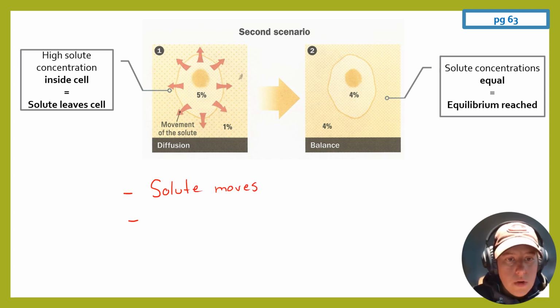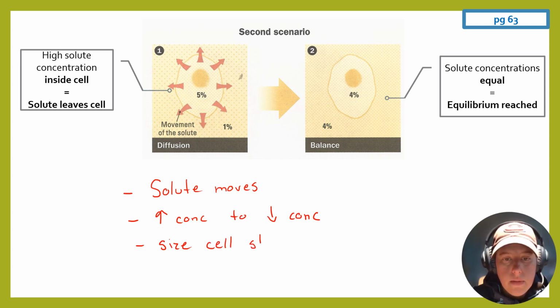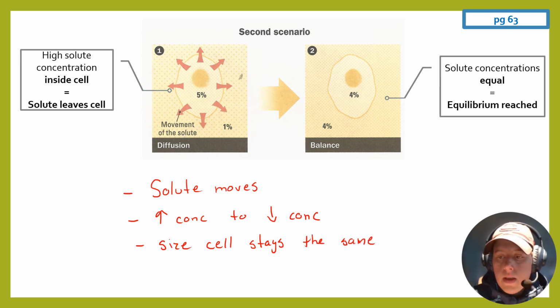The solute moves from an area of high concentration to low concentration, and the size of the cell stays the same. Now, our solute moves because it can move easily.